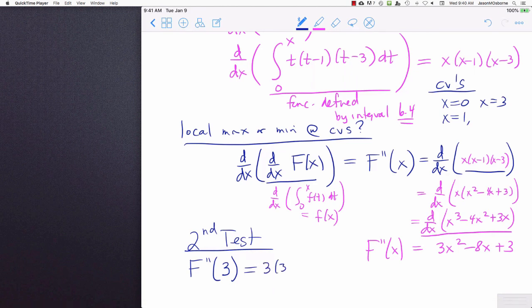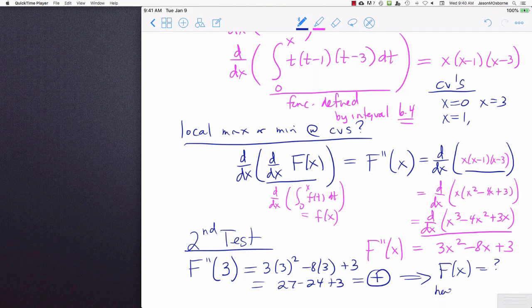So you get 3 times 3 squared, and all you care about here is whether or not the answer is positive or negative. 3 squared is 9, that's 27 minus 24 plus 3, which is a positive number. So this function, capital F of x, whatever it is, I don't know a formula for it, has a local minimum at x equal to 3.